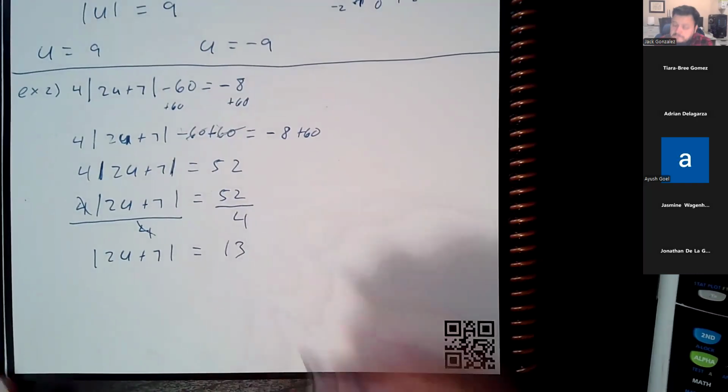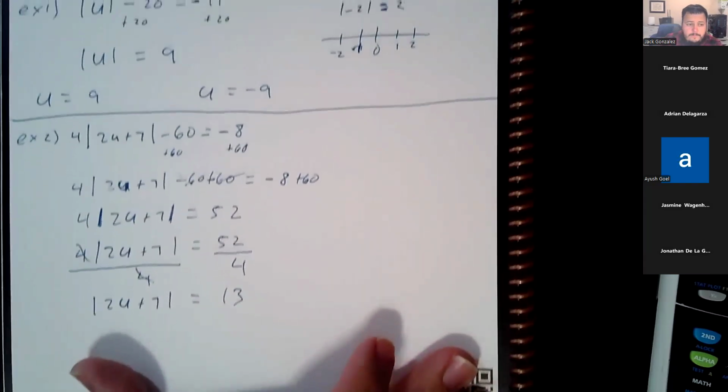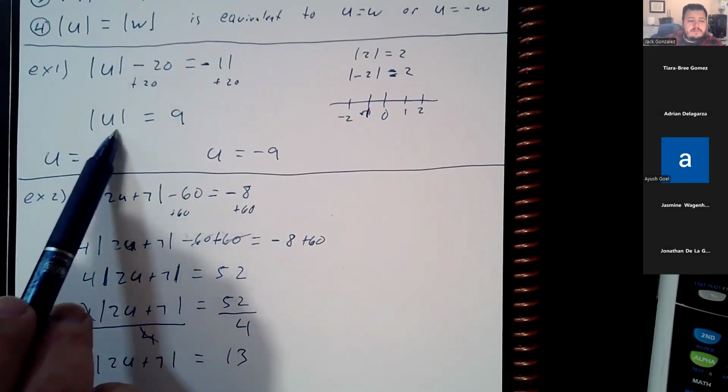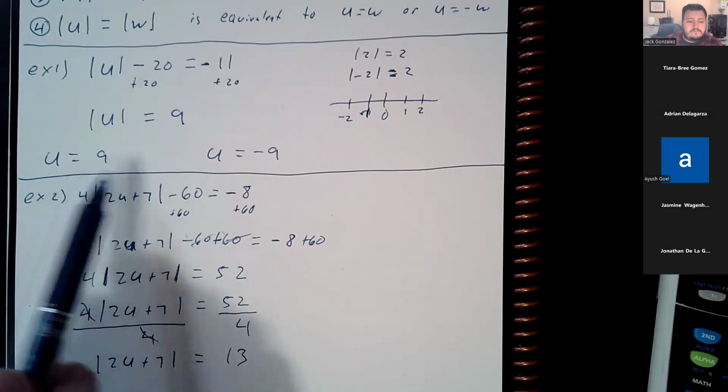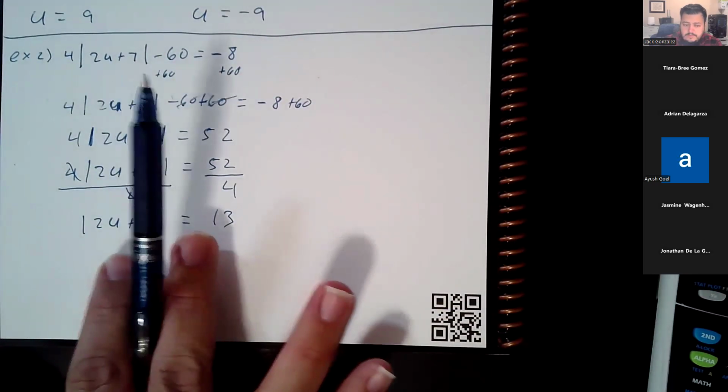Okay. So now we're back to example one, right? Remember how we started? Pretty much started there. Almost. Once you have it by itself, what do you do to take them off? Take off the bars. What do you think is going to happen here?